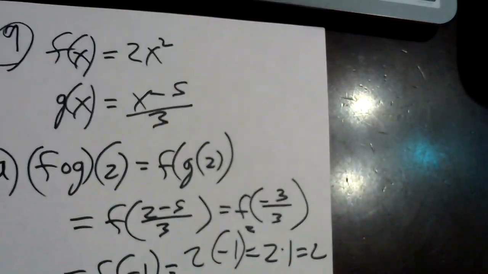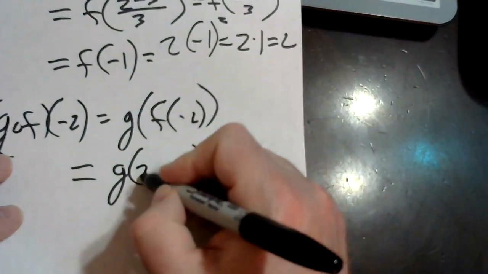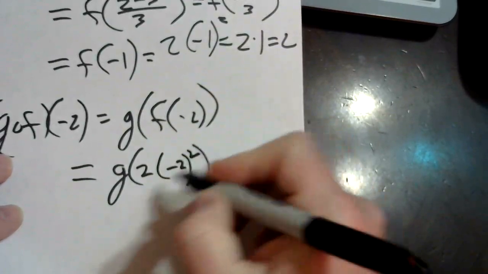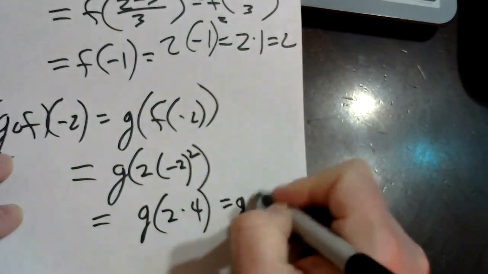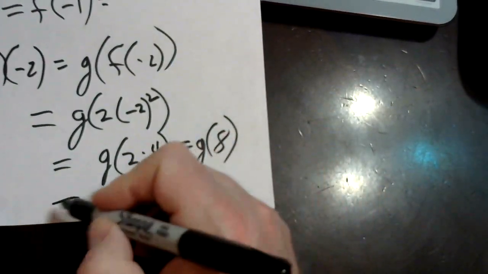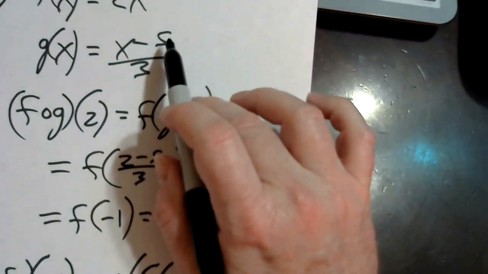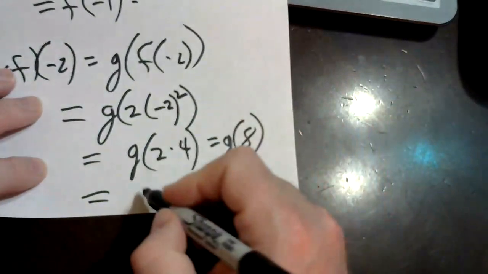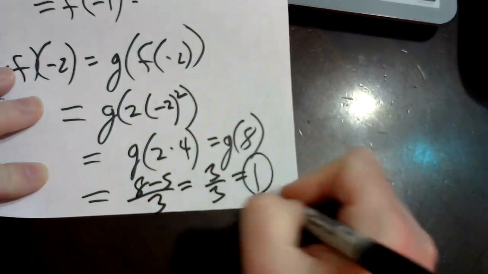F is 2x squared. So if I plug in negative 2 into that function, I get 2 times negative 2 squared. And that's g of 2 times 4, which is g of 8. So what is g of 8? We'll just plug in 8 right there. 8 minus 5 all over 3. And that is 1.